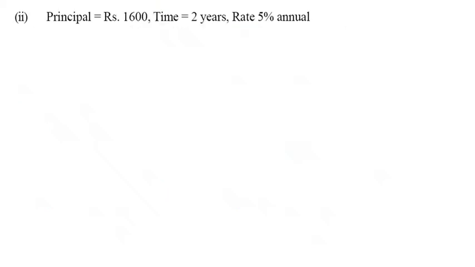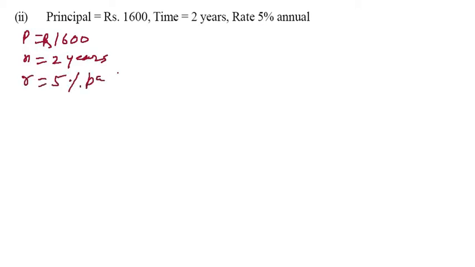Now come to the second part of this first question. Principal, that is P, is given as rupees 1600, and N is given as 2 years, and rate of interest is 5%. So you have to write R is equal to 5% per annum, annually, that is per annum.